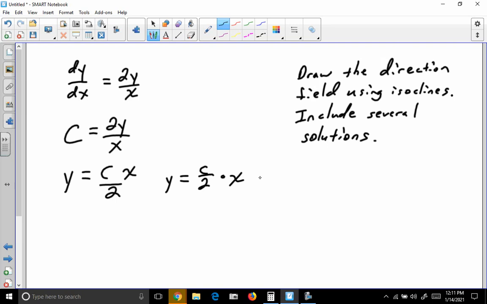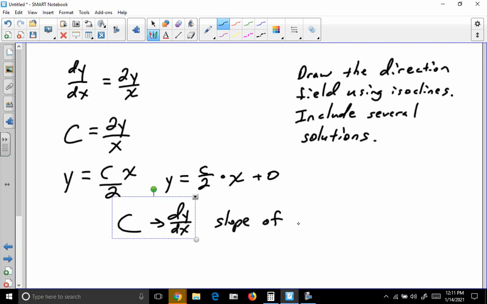All of these isoclines, notice, have a y-intercept of 0. And the slope of the isocline is half of C. Remember again, C is dy over dx, which is the slope of the direction field, or the slope of our solution curve, you could say.